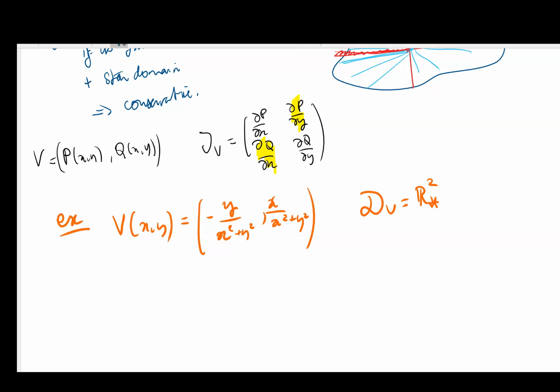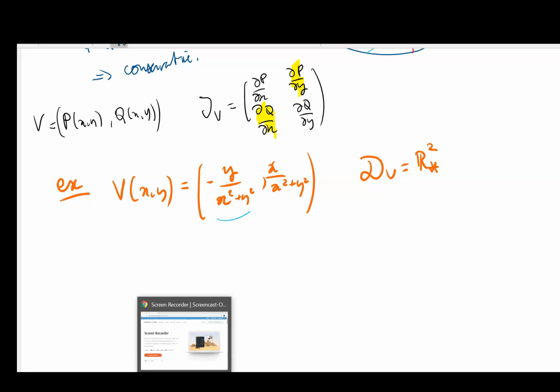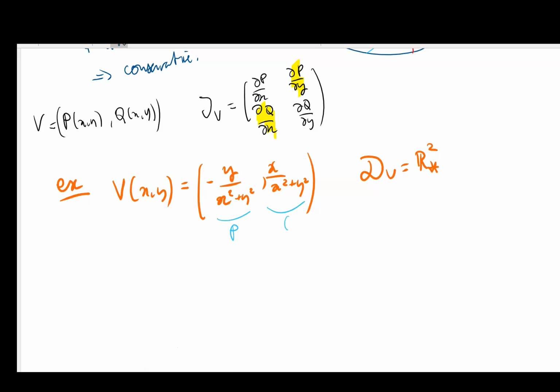If you compute, so that's what was called the P, that's what was called the Q. If we compute dP over dy, what are we going to get? That's just going to be -1 times (x² + y²) plus y times 2y, divided by (x² + y²) the whole thing squared.